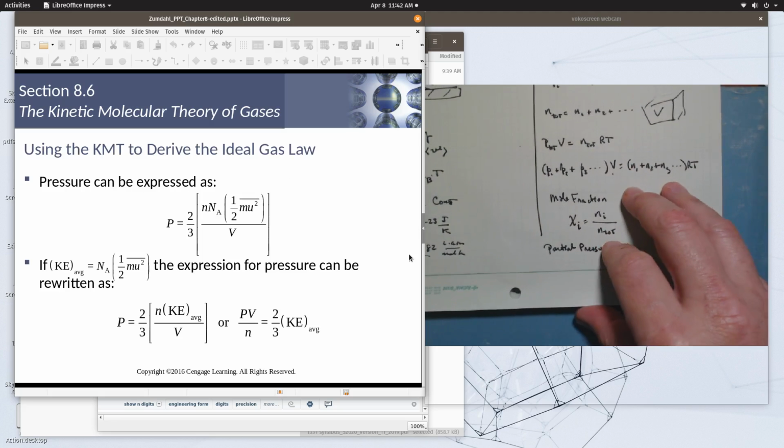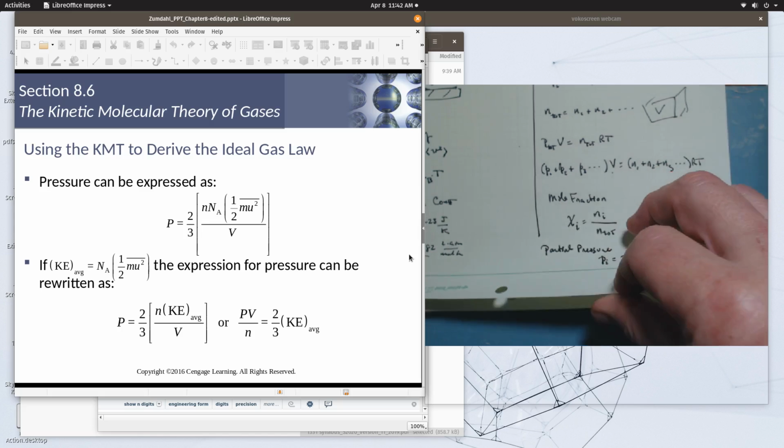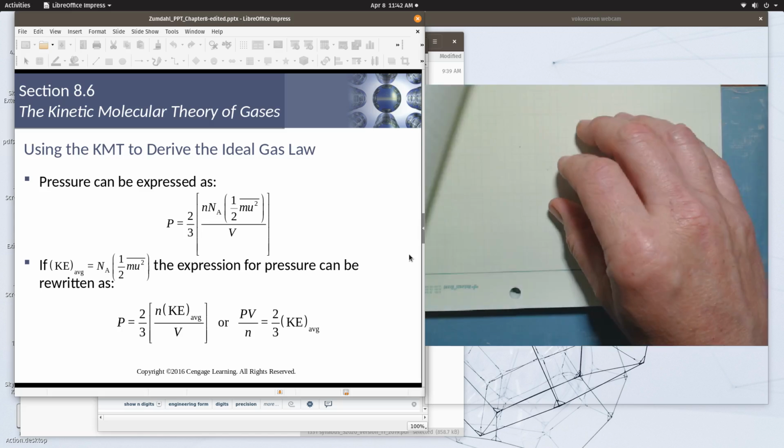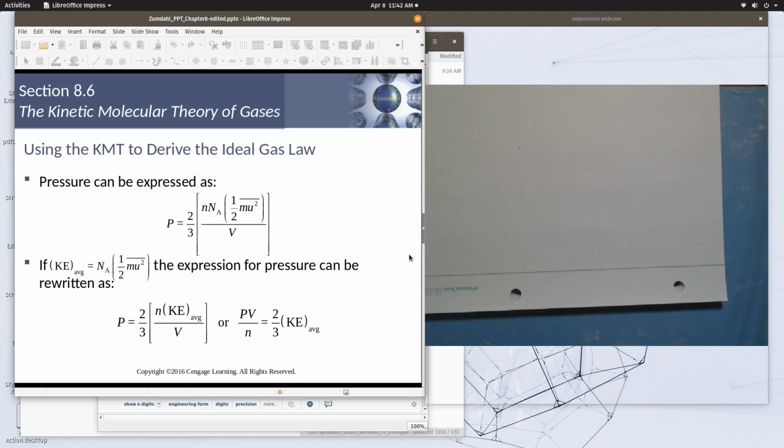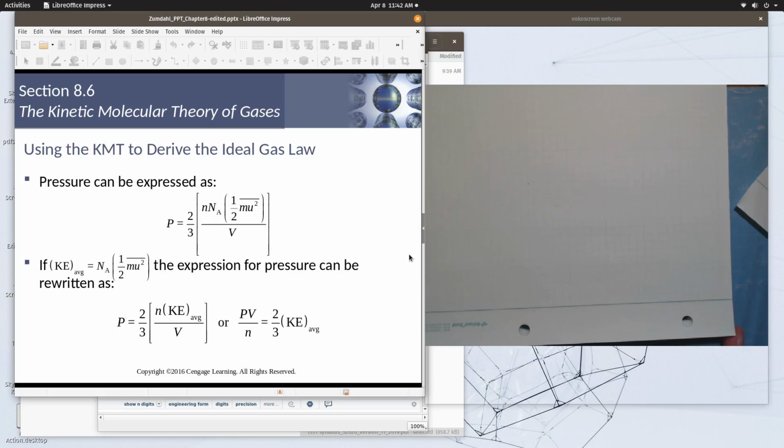Now, we can use the gas law in the following way. This is sort of a backwards way of deriving this, I think. Let me walk through this, because I don't like the way this is defined in some ways.